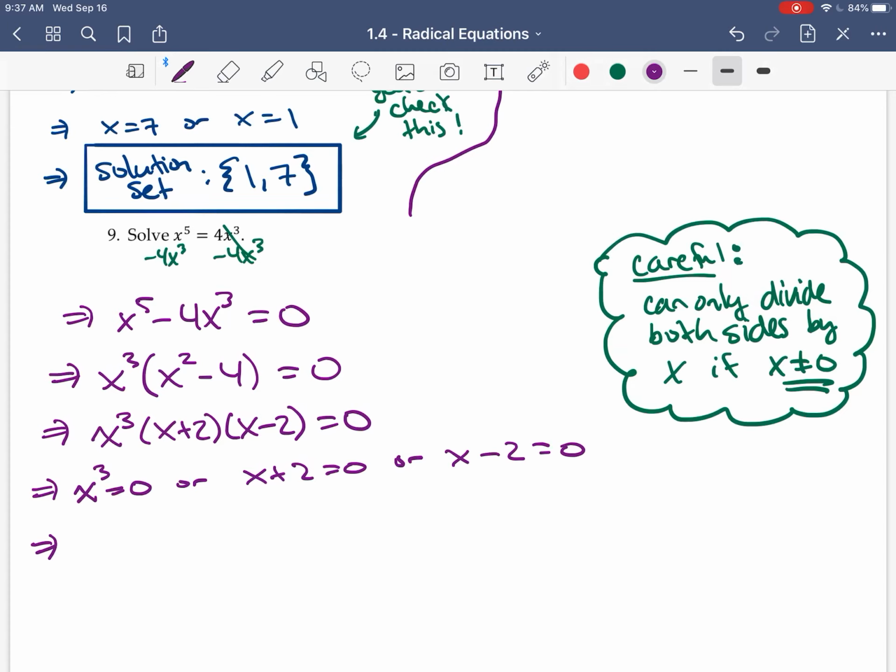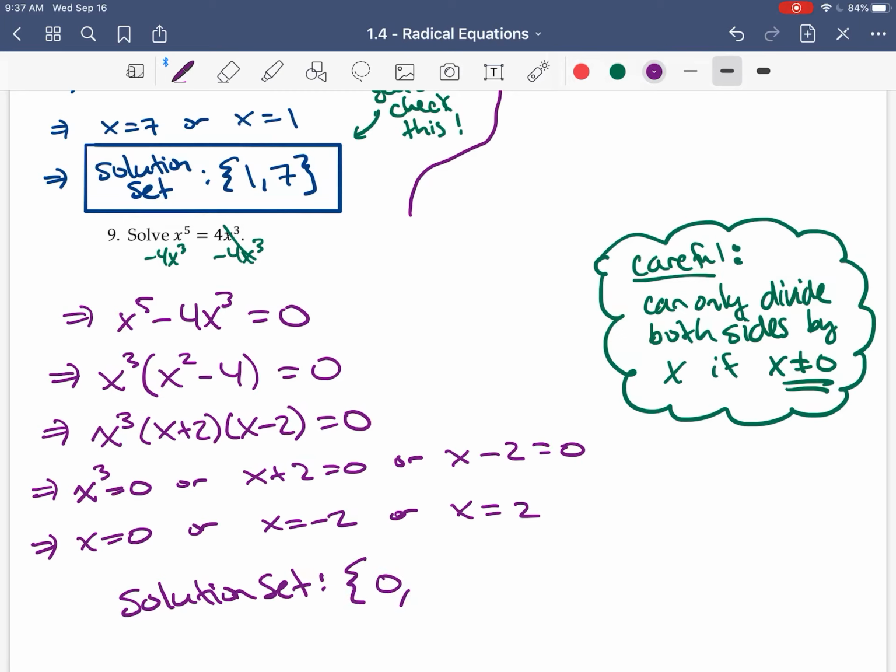Now x cubed is only 0 when x is 0. x plus 2 is 0 when x equals negative 2, and x minus 2 is 0 when x equals 2. All 3 of these work if you plug them in. So our solution set has 3 numbers in it: 0, negative 2, and positive 2.